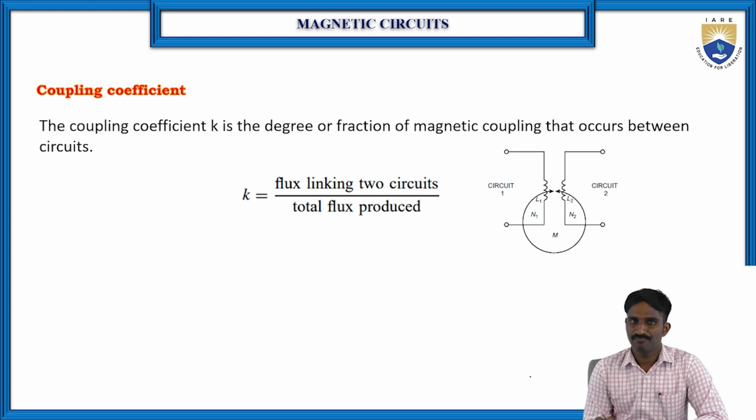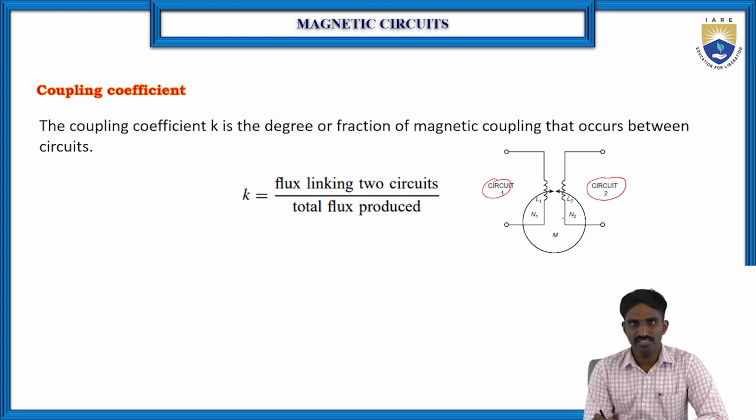Which means the current flowing through one circuit. Let us consider two windings: this is circuit 1, this is circuit 2. When the current flowing through circuit 1 changes, it will cause a voltage to appear across the secondary circuit terminals, due to the mutual induction principle.